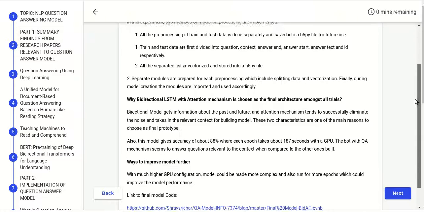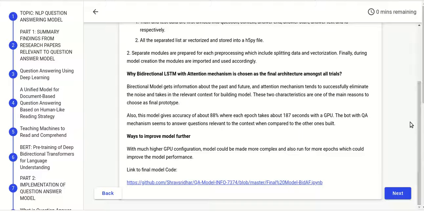Here again it talks about why LSTM with attention, apart from all the other models we had already discussed, and how you want to improve this model further. Now the model accuracy is about 88%, and it gives comparatively nice results which can be accepted.